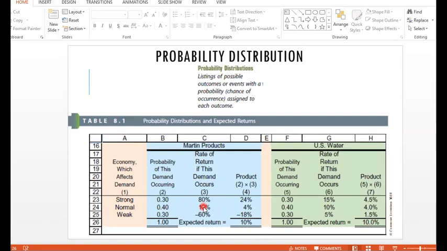From 10%, the company can make a profit of up to 80% or a loss of 60%. But the rate of return deviation in US Water is less compared to Martin Products. So Martin Products should have a higher standard deviation, so the risk is more. Here, the risk is less.